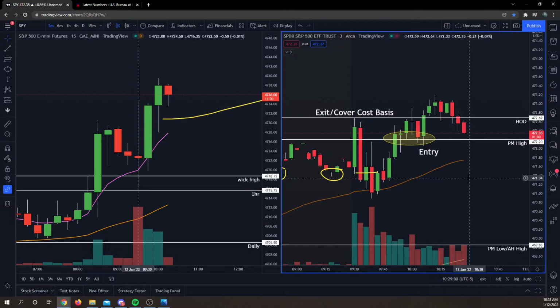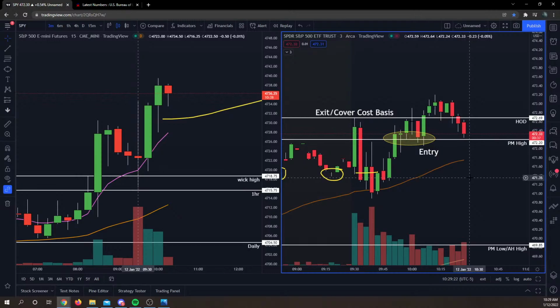Because we're taking 0 DTEs or short days till expiration, and we're looking for small shifts and pops, high of day, new high of day, pre-market high breaks. We're looking for these kinds of plays. It's hard to get a common stock to push 50 or 100%, even if it's a small cap.